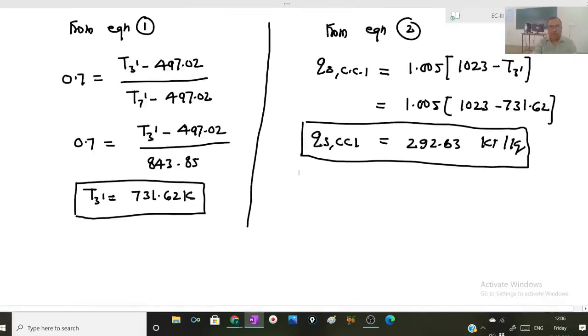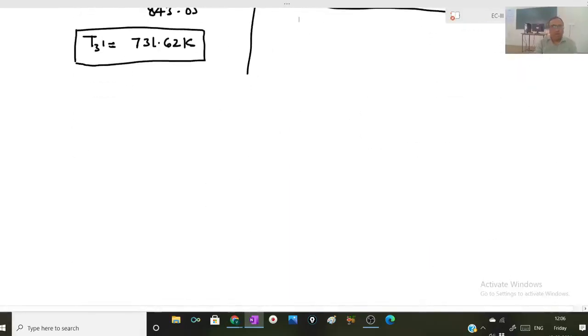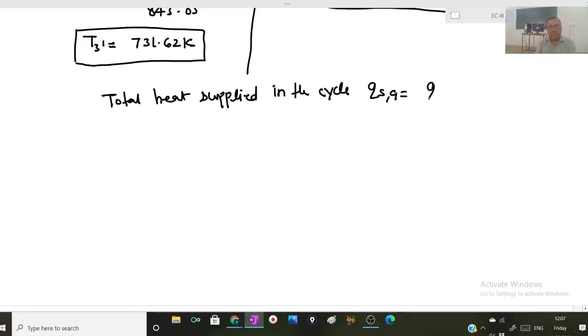So this total heat supplied in the cycle, that is QS actual, will be the heat supplied in combustion chamber 1 plus the heat supplied in combustion chamber 2.